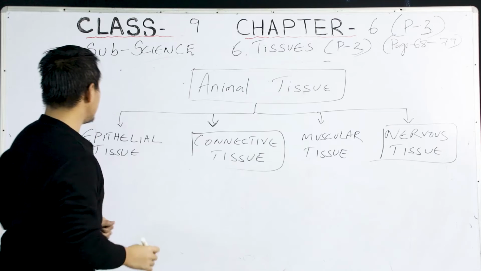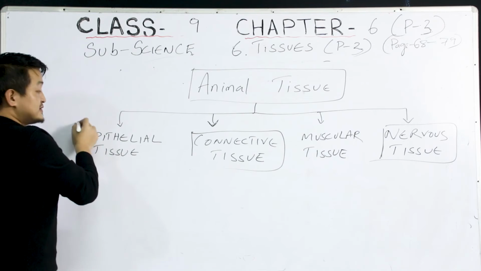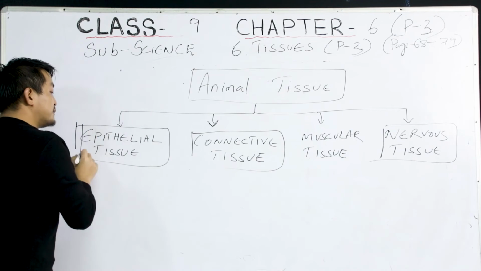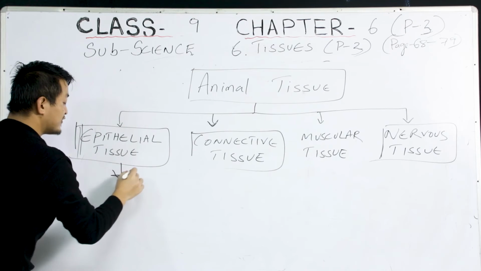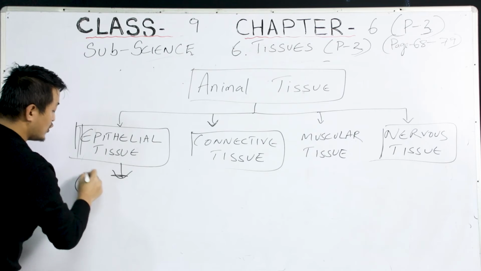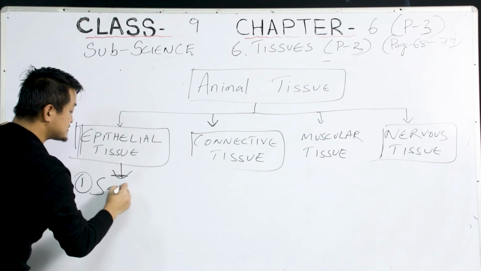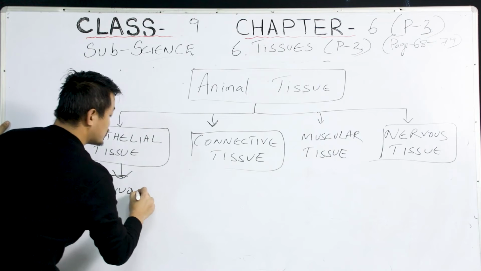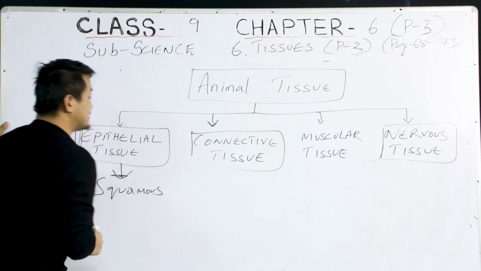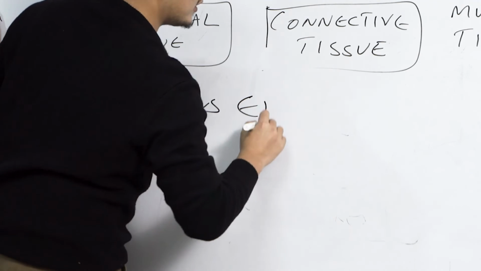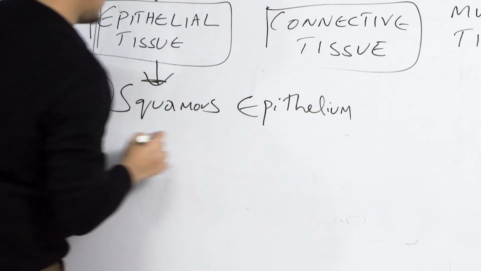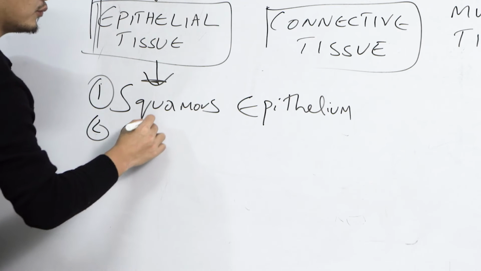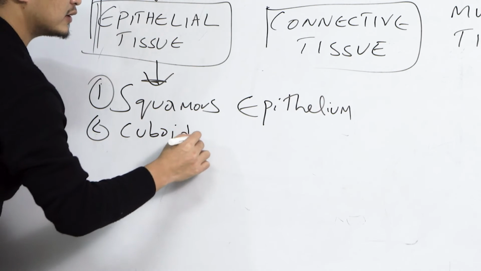Clear? Now, my dear students, under epithelial tissue, we have 5 types of classification. One would be squamous epithelium. Second one would be cuboidal epithelium.